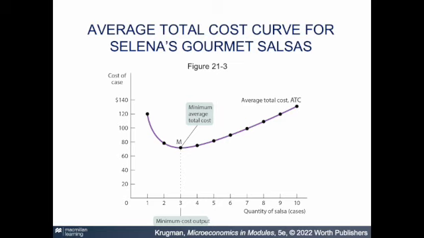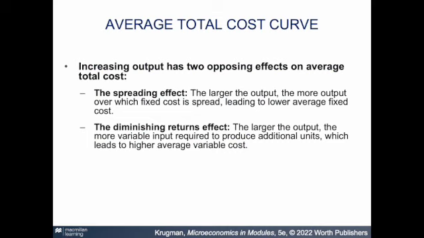The spreading effect: the larger the output, the more output over which fixed cost is spread, leading to lower average fixed cost. The diminishing returns effect: the larger the output, the more variable input required to produce additional units, which leads to higher average variable cost.